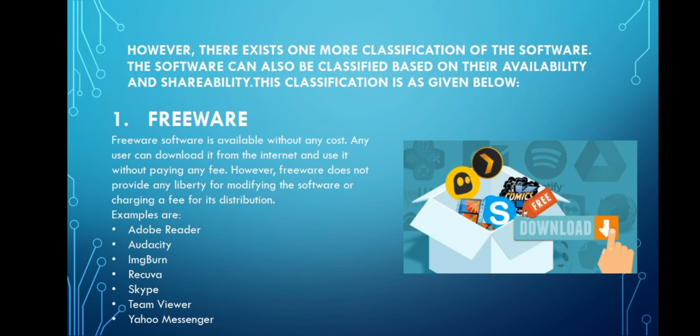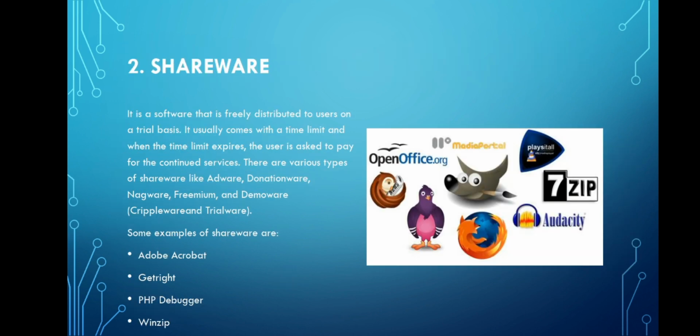Then examples are Adobe Reader, Audacity, EMG Burn, Recuva, Skype, TeamViewer, Yahoo Messenger. Shareware. It is software that is freely distributed to users on a trial basis. It usually comes with a time limit, and when the time limit expires, the user is asked to pay for the continued service.